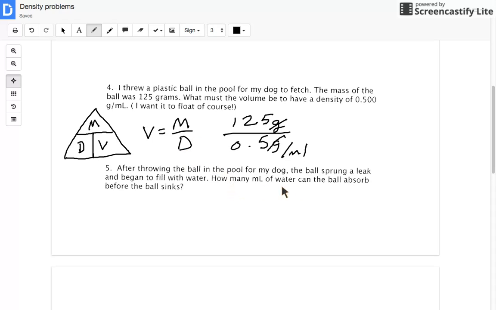Well, we need to know when it sinks, and anything that has a density greater than 1 is when the ball is going to sink. So that's the trick in this problem. You have to set up density as 1 gram per milliliter, and then that will allow you to solve for how much water it can take on before it starts to sink. So there's your hint on number 5.